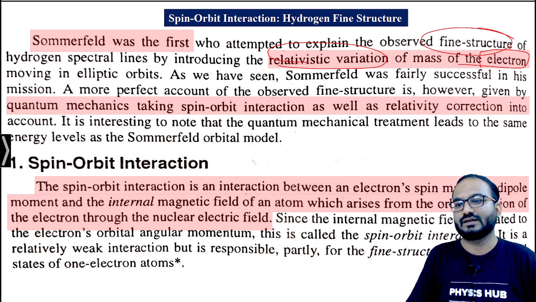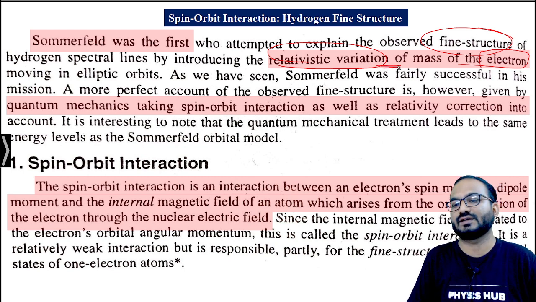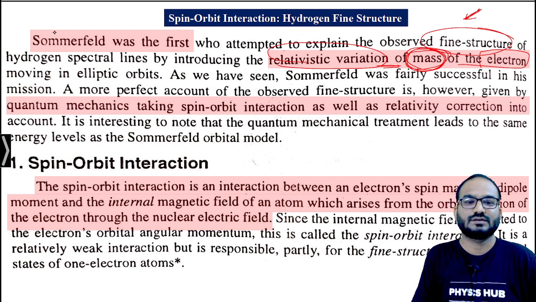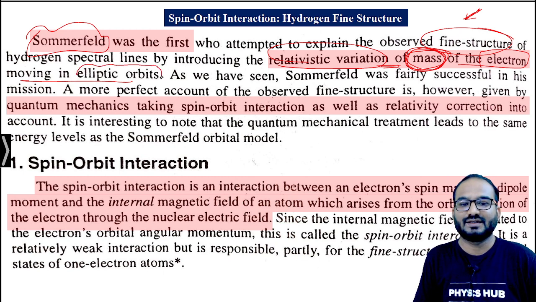The electron being a light particle, if it is traveling with a very high velocity, it becomes relativistic, and because of this relativistic variation, mass does not remain constant, and as a result the fine structure constant may have originated. This was the thought of Sommerfeld. According to Sommerfeld, the electrons revolve in elliptic orbits rather than circular orbits.